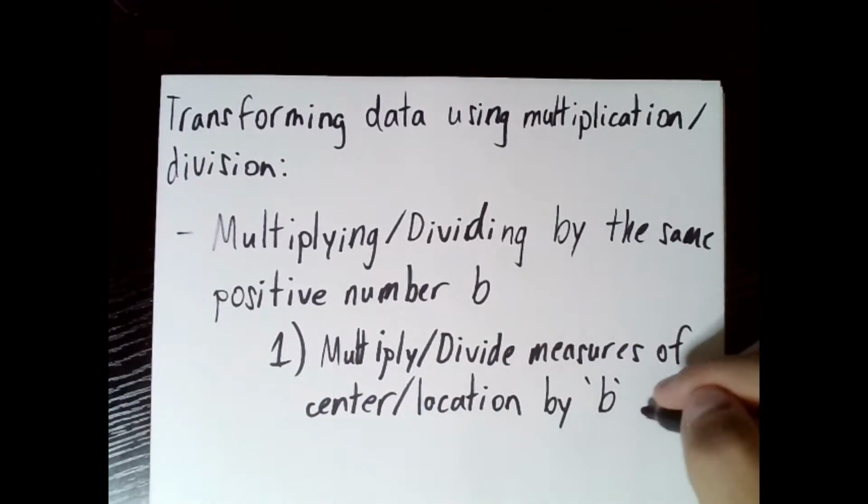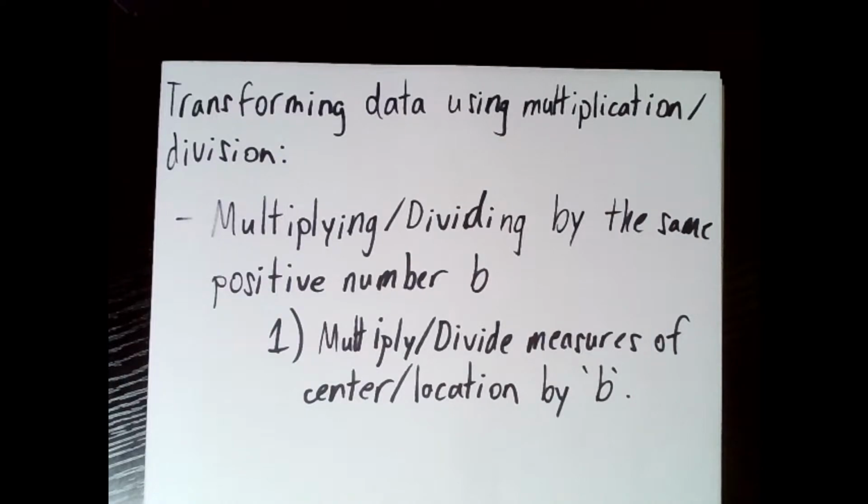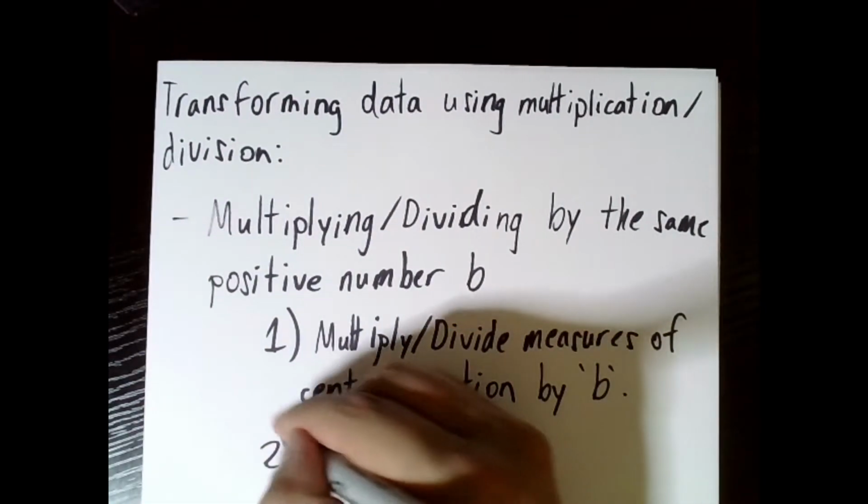And again, I'll put it in single quotes here, just so it's clear that this is a variable we're talking about here, or a constant, I suppose. So multiply / divide measures of center and location by b. So you take the mean, median, you take any observation, you multiply and divide them by b. Okay, that makes sense. That seems reasonable.